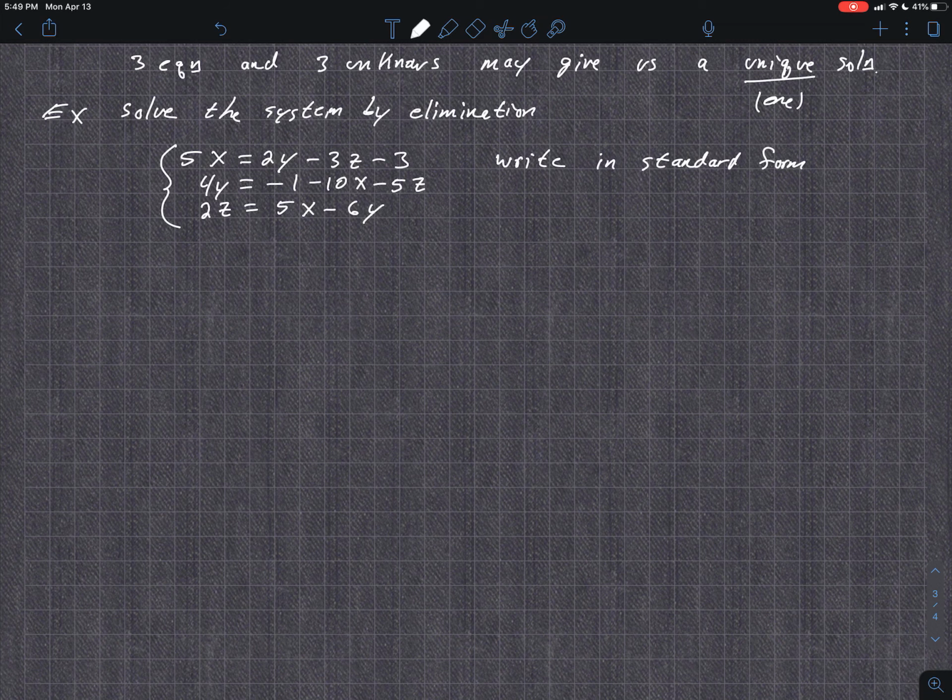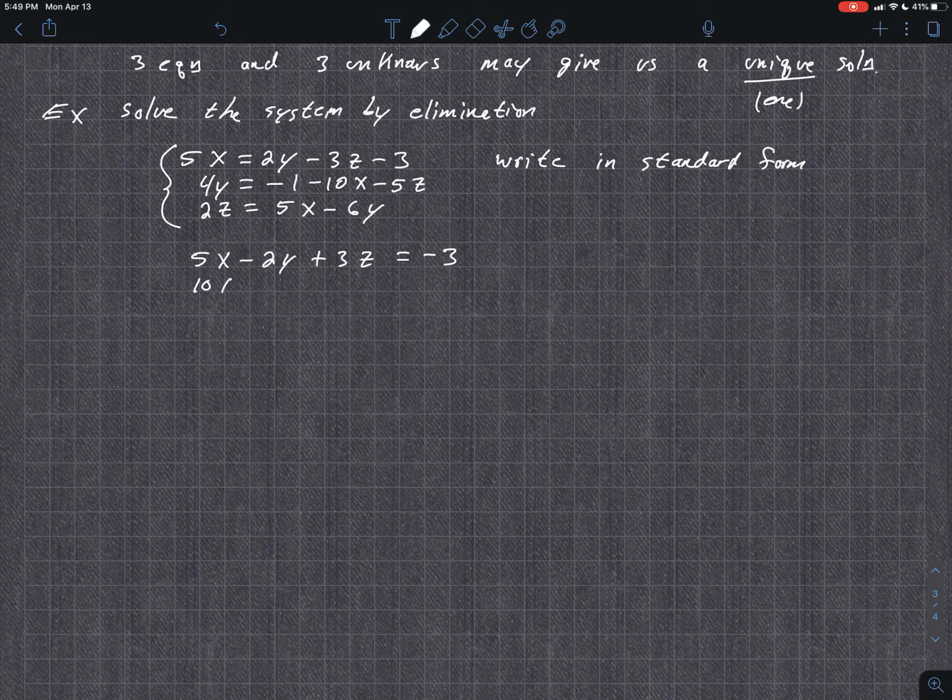Okay, so standard form, we get 5x minus 2y plus 3z. And so always write it in that descending order, like x, y, z. You may see in the book the subscripts, x1, x2, x3. So basically those are the x, y, z. That equals negative 3.